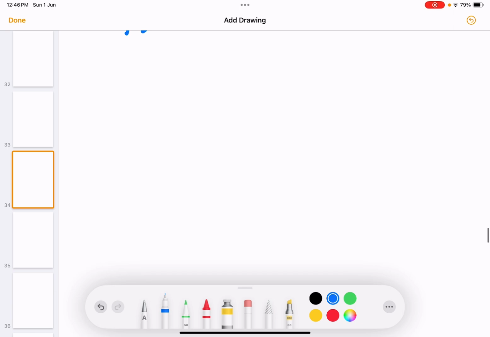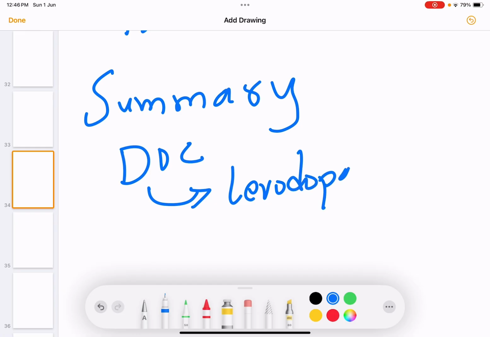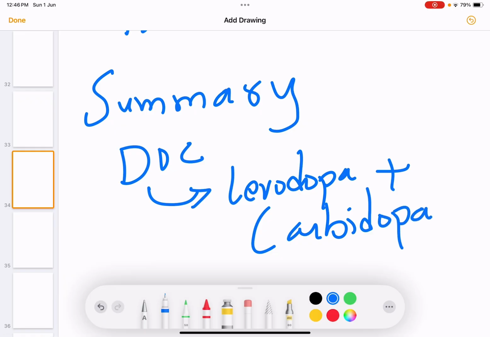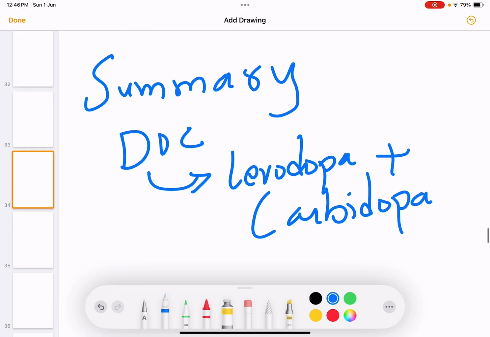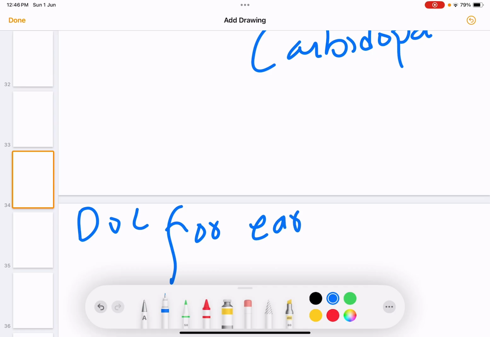Now we will summarize the management of Parkinson's disease. The drug of choice for Parkinson's disease is levodopa plus carbidopa. If that is not an option, you can choose just levodopa. The drug of choice for early Parkinson's disease is pramipexole or ropinirole.